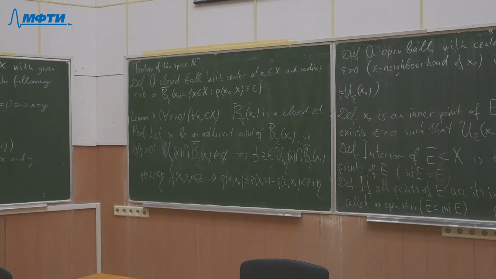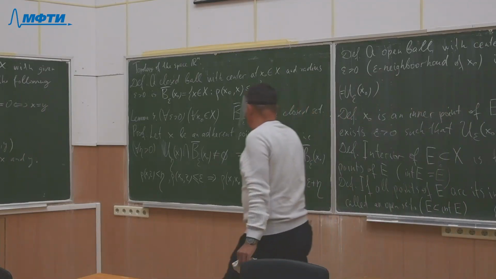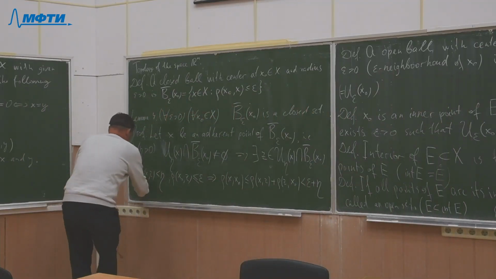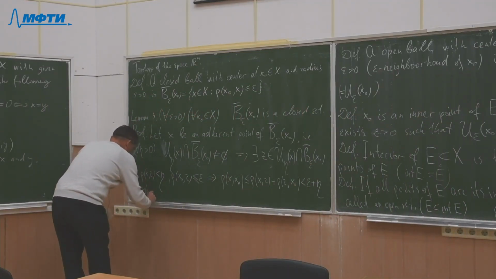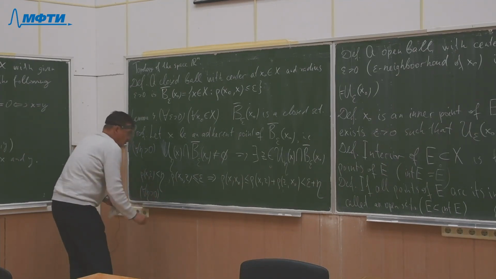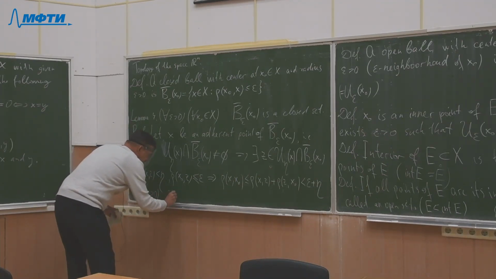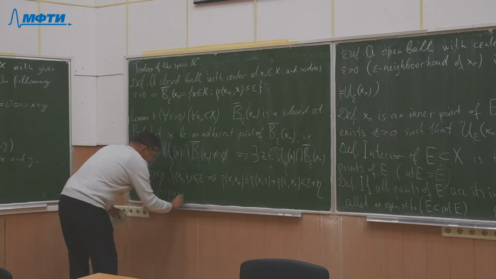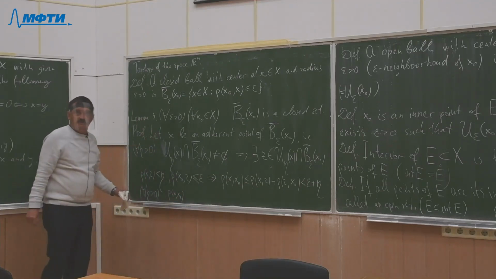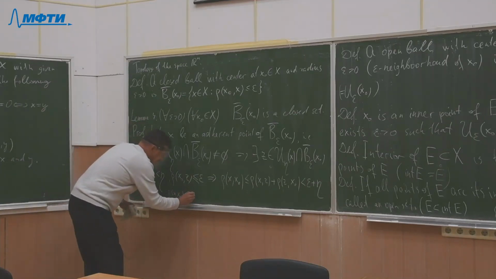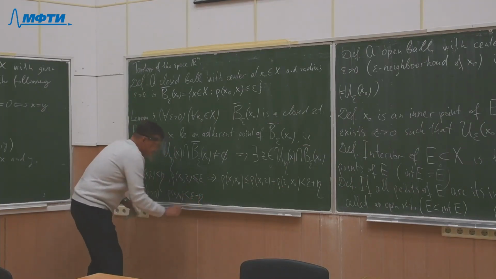Now, let me write down what we obtained. So, for arbitrary eta greater than 0, we have a number, the distance from x to x naught, strictly less than epsilon plus eta.